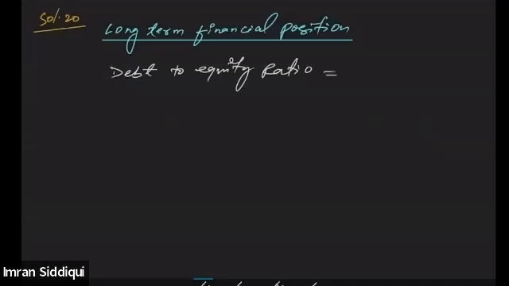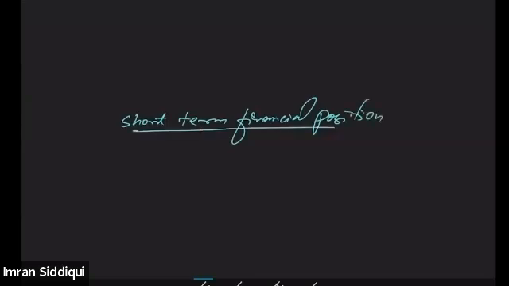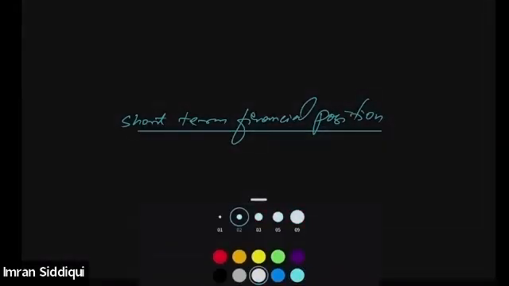The formula for which is total debt divided by the equity. On the other hand, to determine the short term financial position, we'll figure out the value of the current ratio.